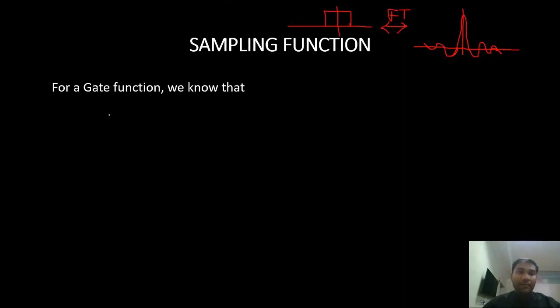So for the gate function, what do we know? The gate function is denoted by g tau of t.